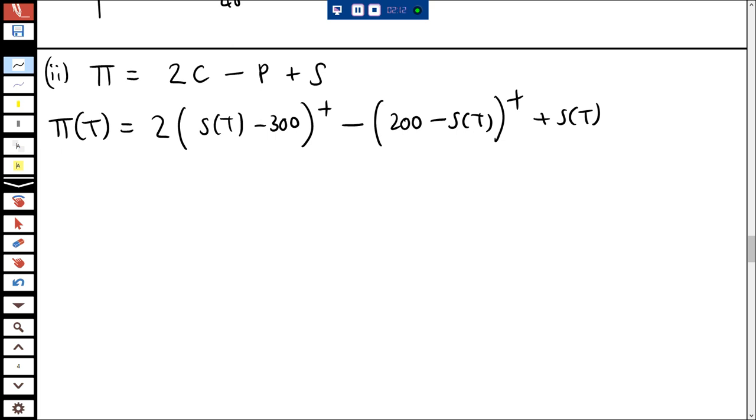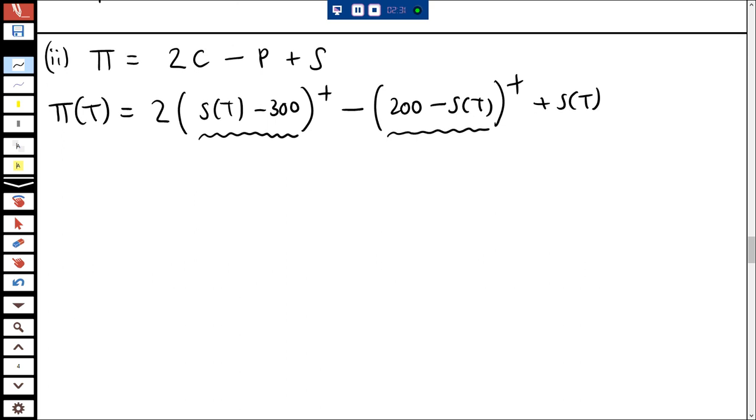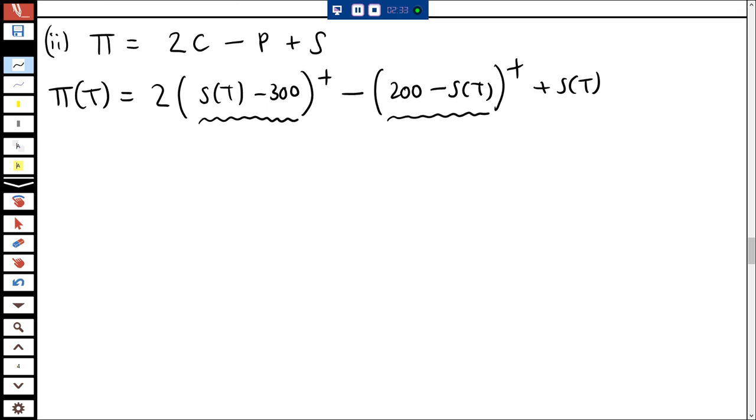We need to look at those first two terms, and we can see we need to look around the price of £3 in the first term. It's going to have a big effect on that term, and £2 in the second term. Again, looking either side is going to have a big impact on the portfolio payoff. So £2 and £3 are key values.